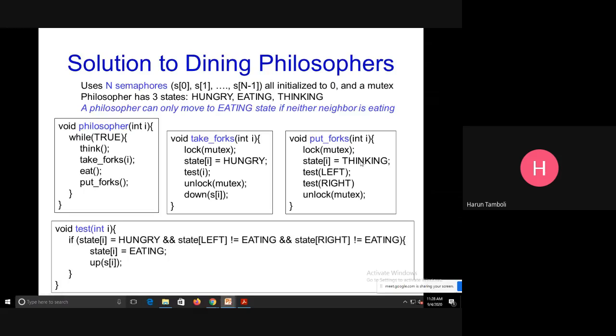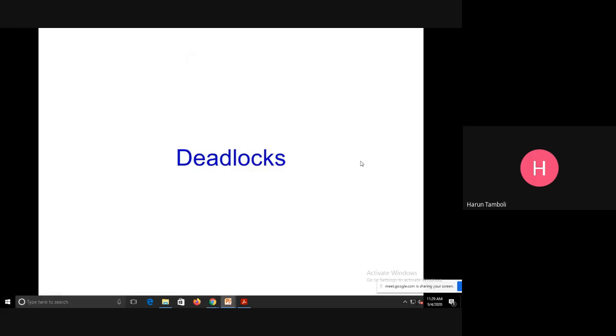So by using semaphore, another solution is provided. In the semaphore solution, three states are used: hungry state, eating state, and thinking state. This is most important: a philosopher can move to the eating state only if neither neighbor is eating.